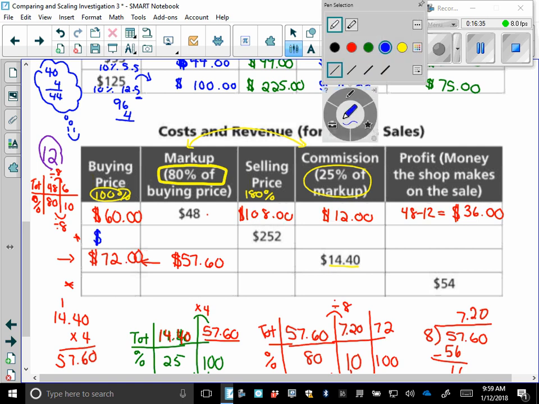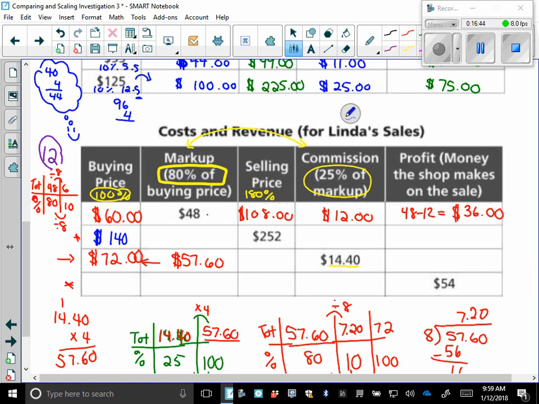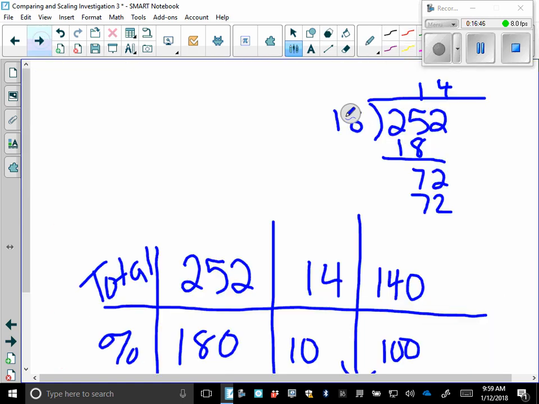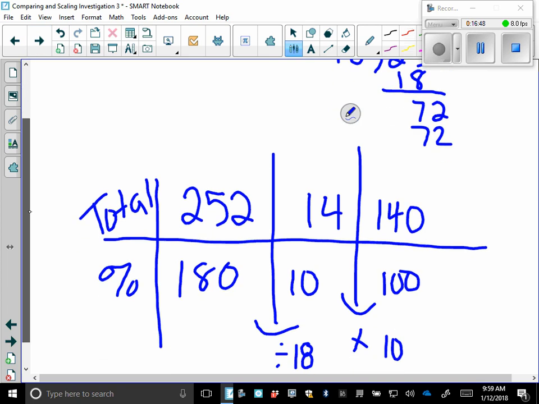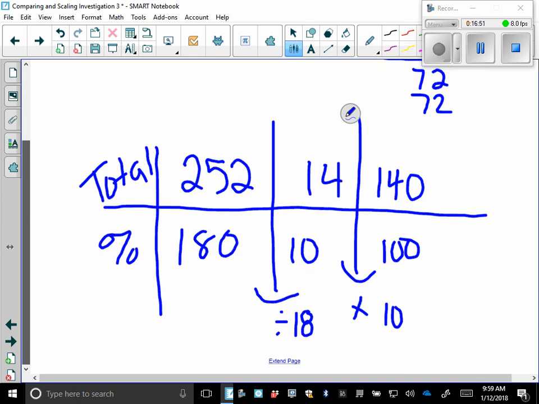Because I got the 100%. Now I have to do the markup. So I could do it, I knew 10%, right? Markup, can't you just subtract 140 from 252?